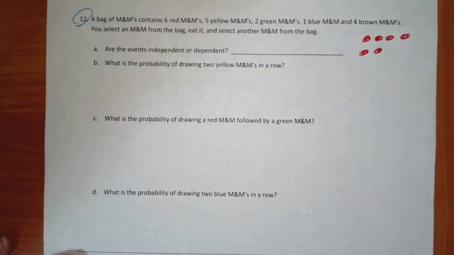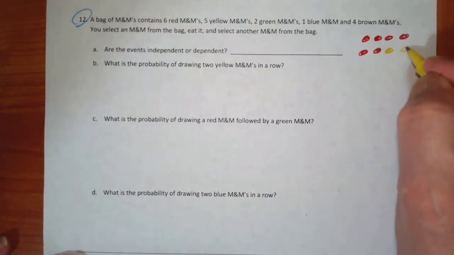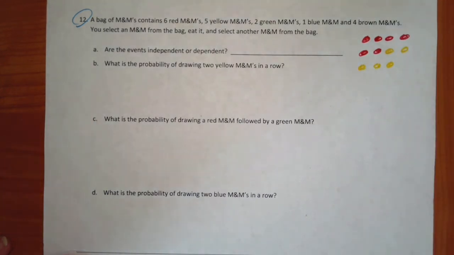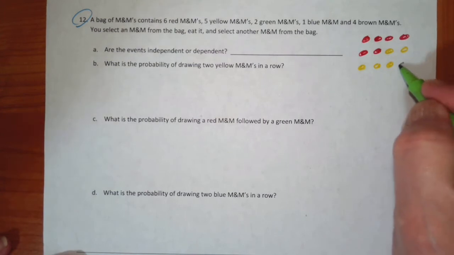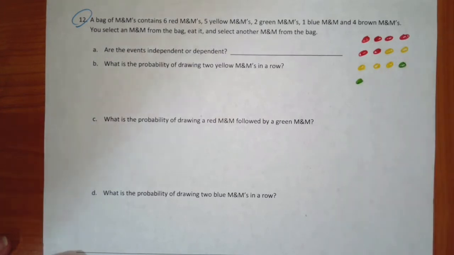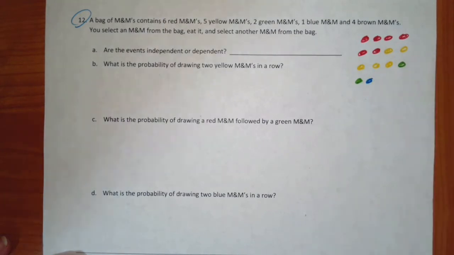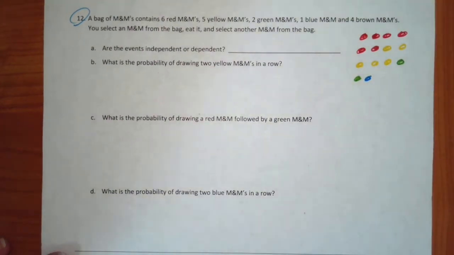Five yellow. 2 green, 1 blue, and 4 brown. I don't have a brown pen.